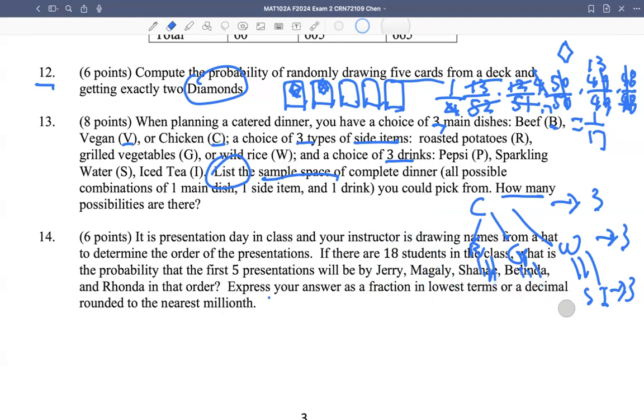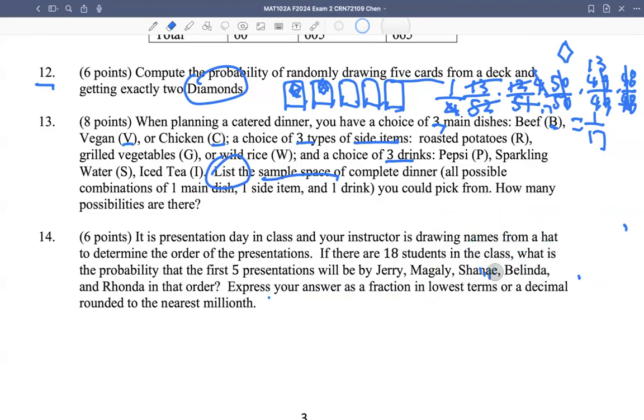All right, so the last question is 14. It is asking, on the presentation day, your instructor wants to choose the order of the presentation. So there are 18 students in total in the class.